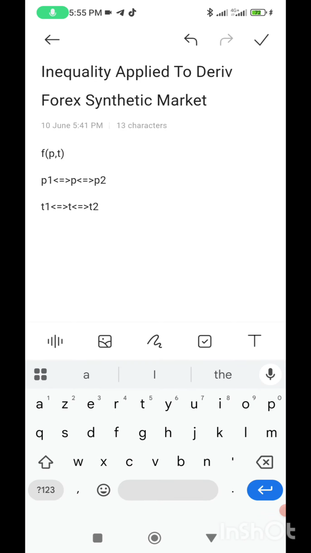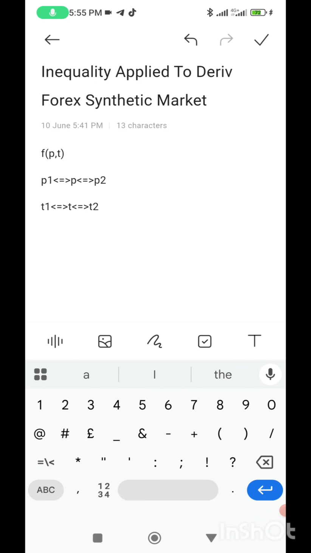Right now, the topic we shall be discussing is inequality applied to Deriv forex synthetic market. Take for instance, we have a price function f of p/t. Now this is equal to a bounded range.